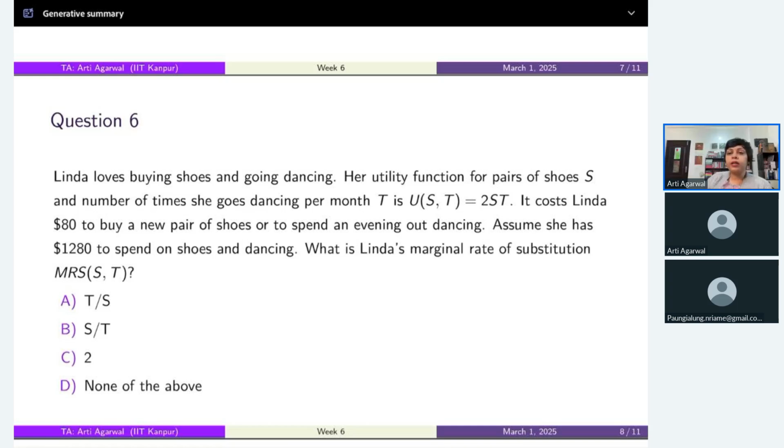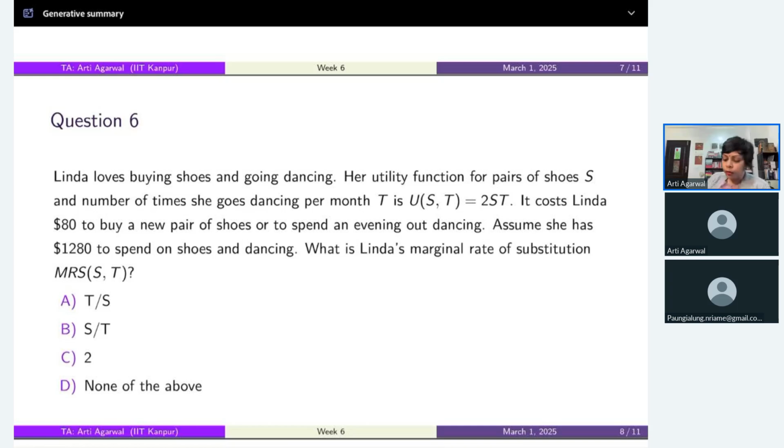She can either spend time shopping for shoes, or she can spend time dancing. She can dance 1 hour, 2 hours, and we take both as continuous variables, of course. So instead of optimizing the quantity based on constraints for pricing and money, we optimize the quantity based on time.